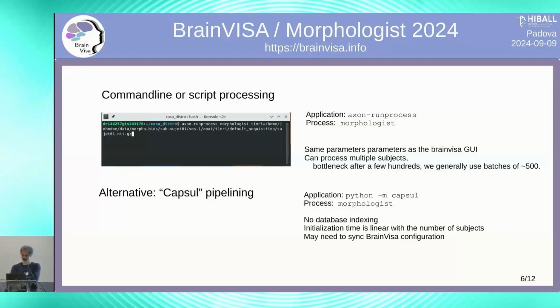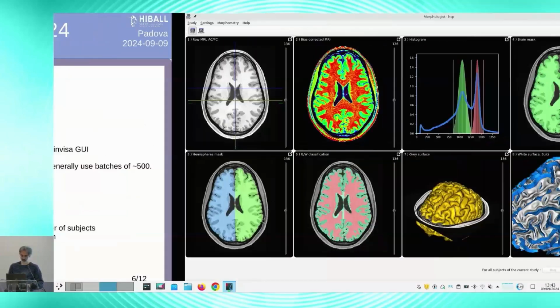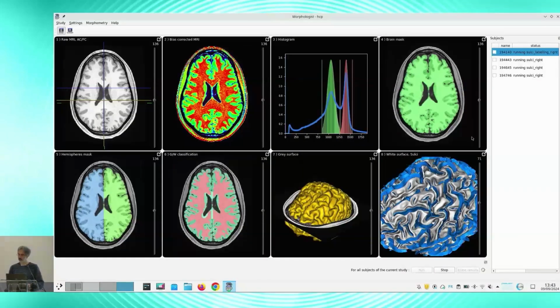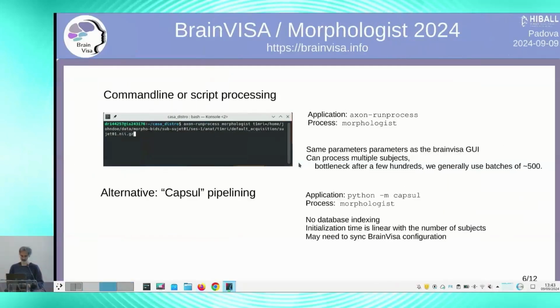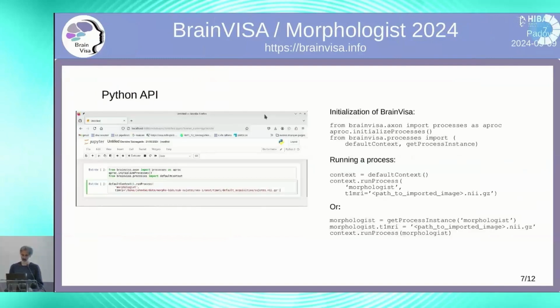So you can process more subjects, but still it's not perfect. After a number of subjects, it also begins to be slow. So it's still processing.